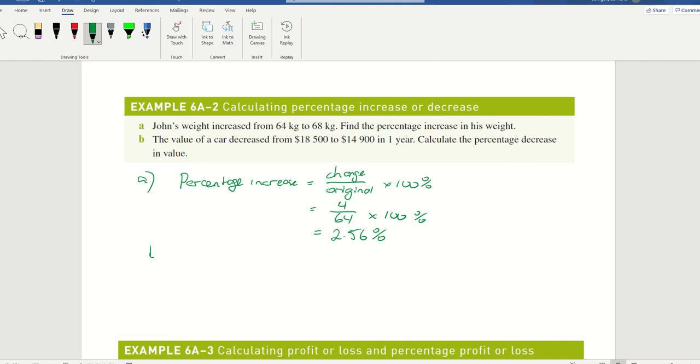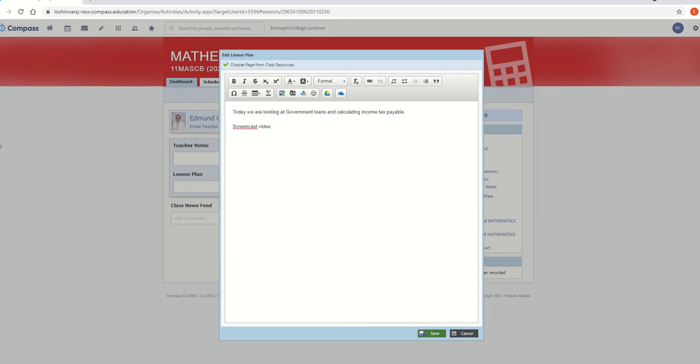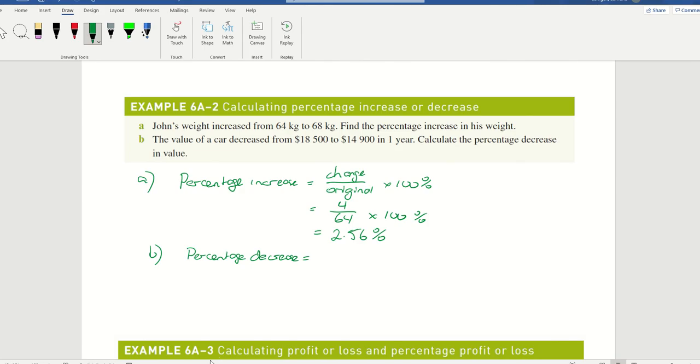Now I've got a value of a car decreasing. Calculate percentage decrease. So my percentage decrease is going to be equal to, once again, my change over the original.